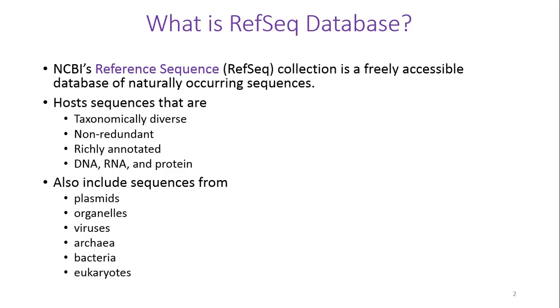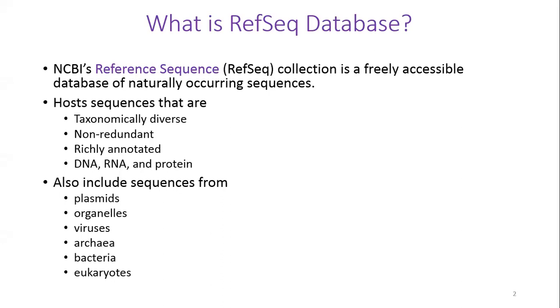You might be aware that GenBank deals with DNA sequences, and NCBI has its own protein database which hosts protein sequences. But the reference sequence database is one resource that has all three major macromolecular sequences, DNA, RNA, and protein, collected together at one location, right?